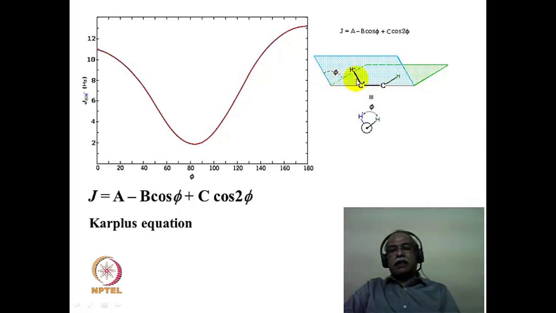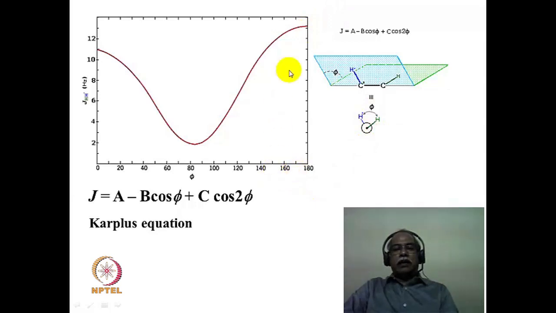In a Newman projection, the dihedral angle is represented like this. As the carbon-carbon bond rotates, the dihedral angle can vary, and it can have a value anywhere from 0, which is an eclipsed conformation, to 180, which is an anti-conformation of the two hydrogens.